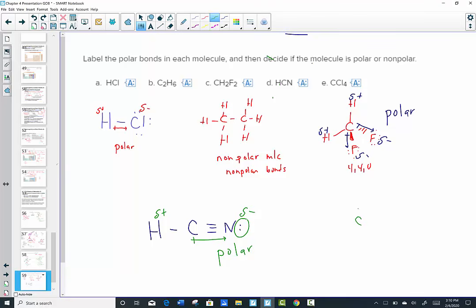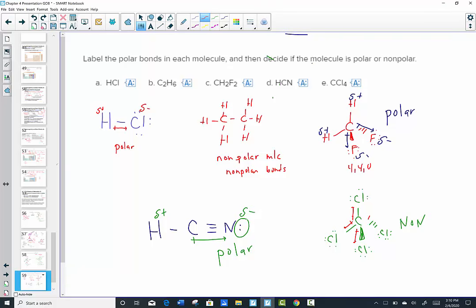And finally, carbon tetrachloride, the central atom carbon, leads to 4 identical chlorines, making this a very boring, non-polar molecule. Now I'm going to finish these dots and then remind you we were also asked about bond polarity, and each one of these is indeed a polar bond.